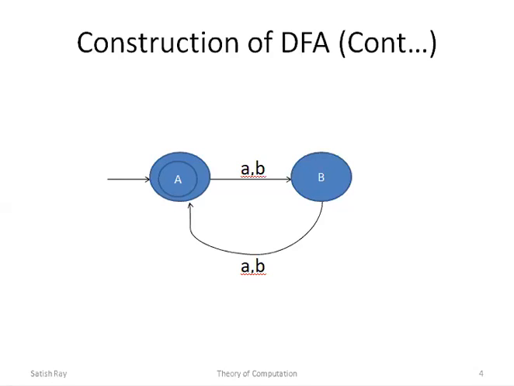And the next state for the input string of length 4 will be state A. So the string of length 4 will be accepted, and so on. So this DFA will accept empty string and all the string of even length.